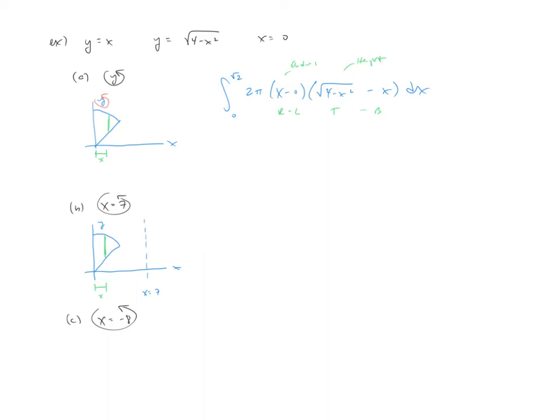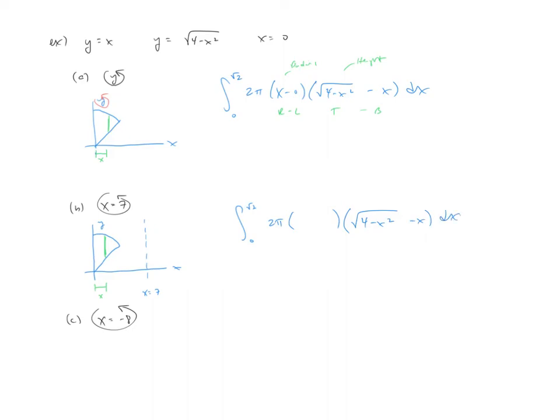Now, you'll see here very quickly that there's not much different in this problem and the last problem. We're still going to be on the interval 0 to 2. We're still going to have our 2 pi. Our radius is going to change, but our height is not, right? The top and the bottom is not going to change. So that's going to be a 4 minus x squared minus x dx.